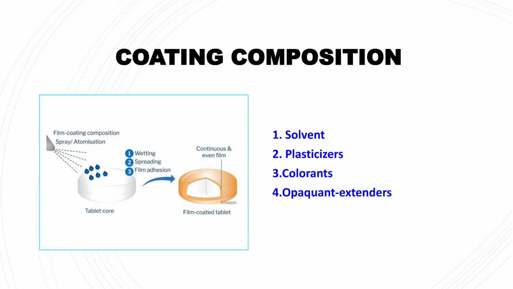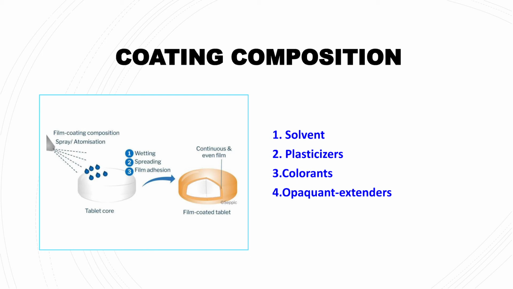Then let us try to understand the coating composition. When we talk about the composition, it is not only made of the colorants. Yes, colorants are a very integral part of any coating formulation, but apart from that, it also contains the desired solvents, which are volatile in nature and will be removed in due course of time.